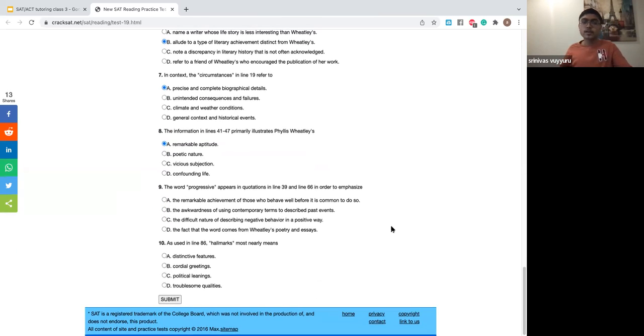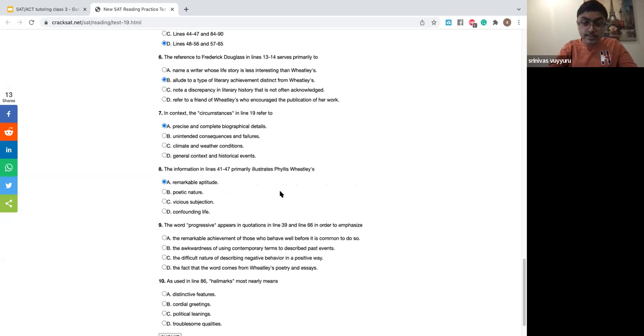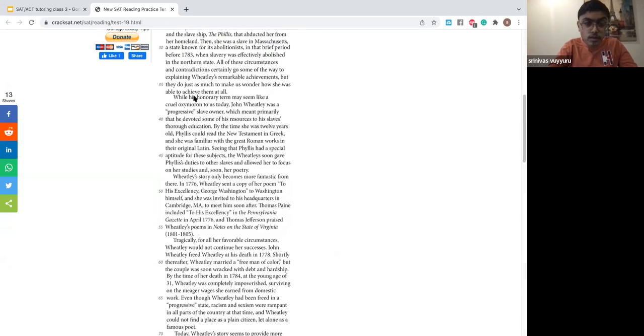The word progressive appears in quotations in line 39 and 66 in order to emphasize... All right, so lines 39 and 66. In line 39, it says, although it is kind of weird to think of any slave owner as progressive, John Wheatley was a progressive slave owner at that time.